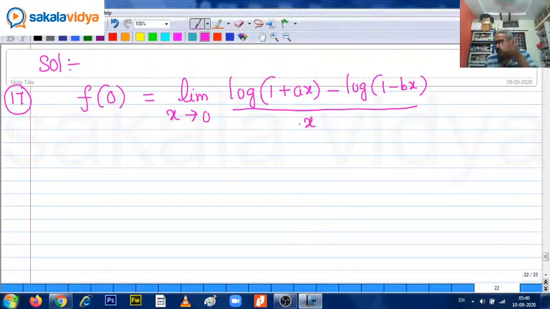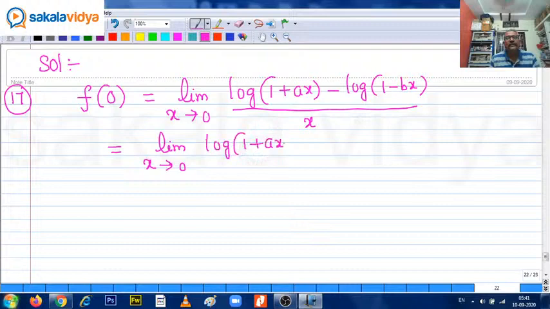Now separate the terms. This we can write as limit x tends to 0, log of 1 plus ax upon x, minus log of 1 minus bx upon x.